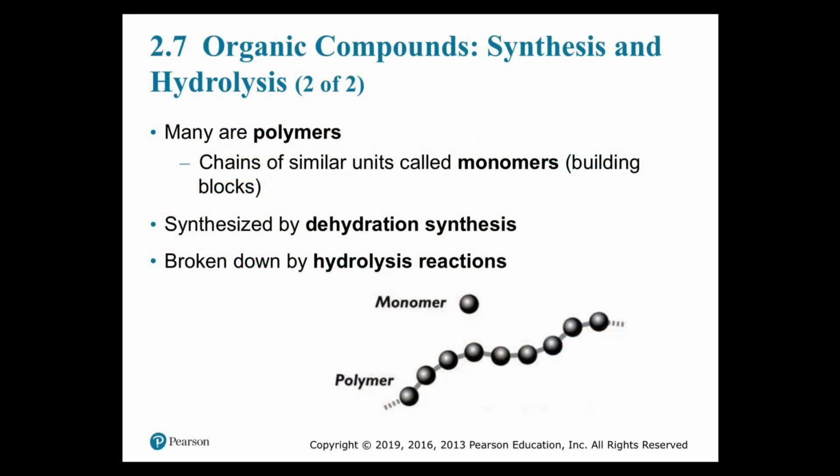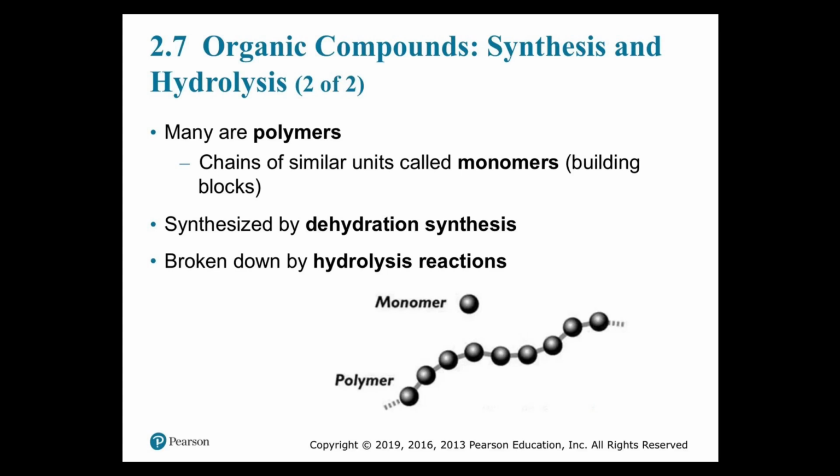Section 2.7, we're going to look at synthesis and hydrolysis. So many of these are polymers. The examples I showed you, the carbohydrates, the proteins, the lipids, and the nucleic acids, are made up of subunits, chains of similar units or building blocks called monomers.